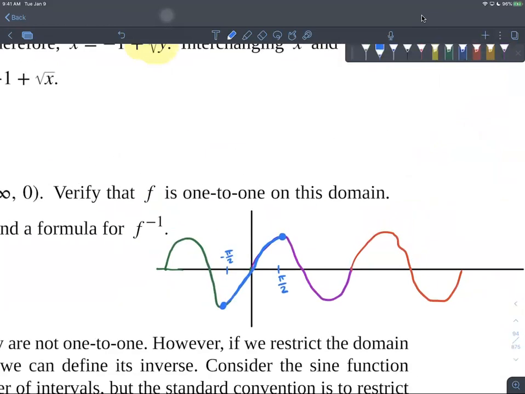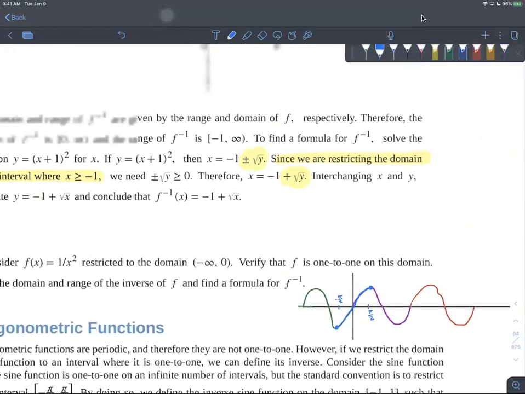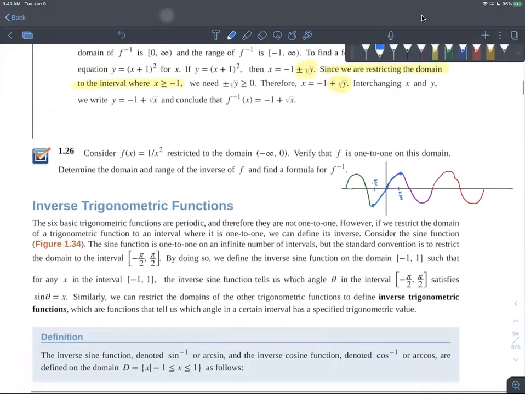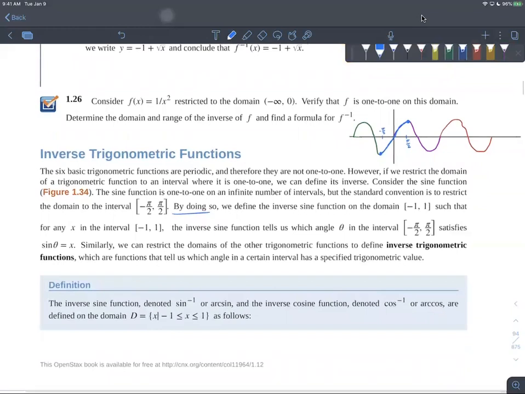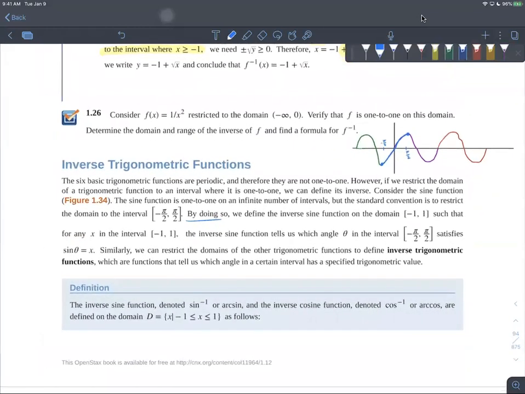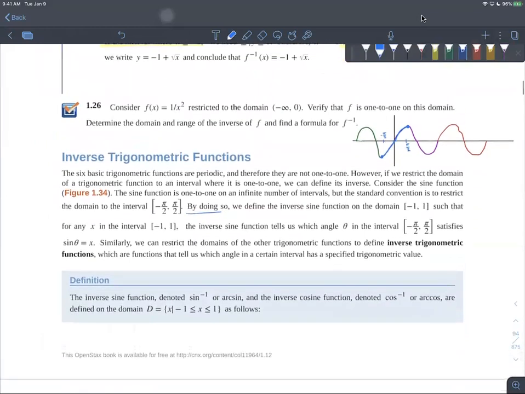And notice that on that blue piece, the function is one-to-one, and the range is from -1 to +1. So it says by doing so, we define the inverse sine function on the domain -1 to 1, such that for any x in the interval from -1 to +1, the inverse sine function tells us which angle theta in the interval from -pi/2 to pi/2 satisfies sine of theta equal to x.